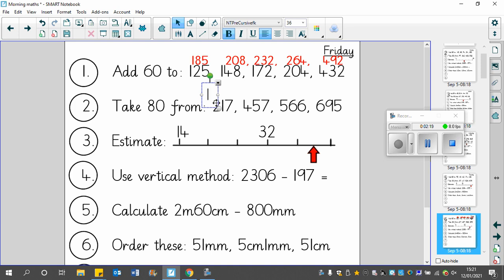Can you see 21 there? 2 and a 1. 21 take away 8. Well, 21 take away 8 is 13, isn't it? Yes. So therefore, 13, you put the digits there, and then you put 7, because the ones don't change. So therefore, the answer is going to be 137 for the first one.